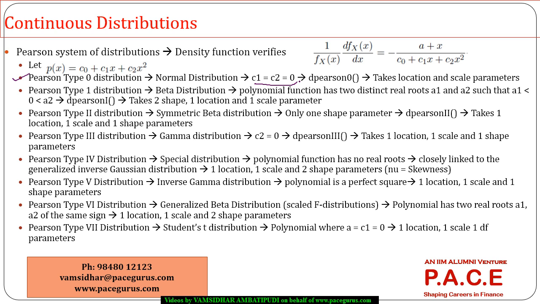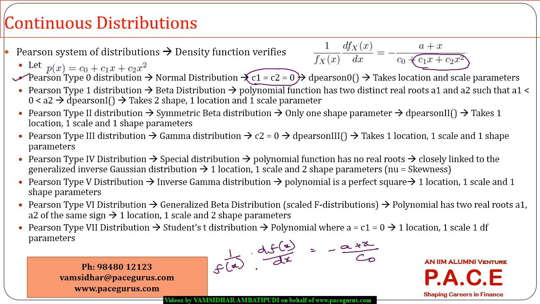Where C1 equals C2 equals 0. So these two are zeros, so it's actually becoming 1 by f of x times df of x by dx is equal to minus x plus a by c naught.